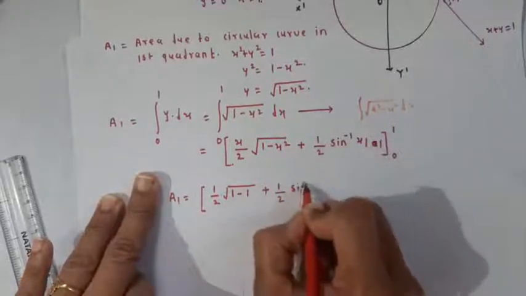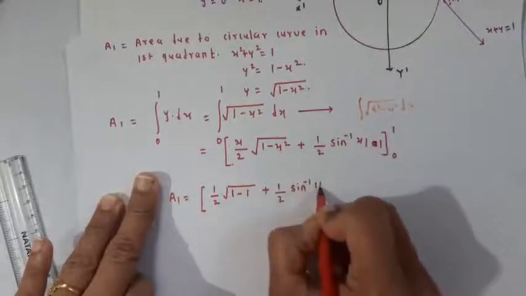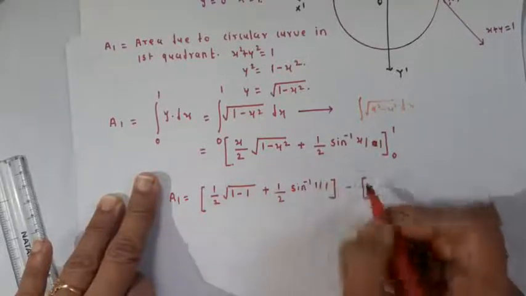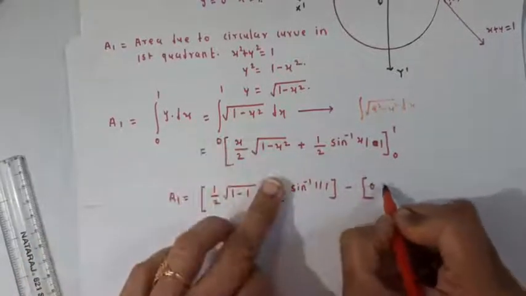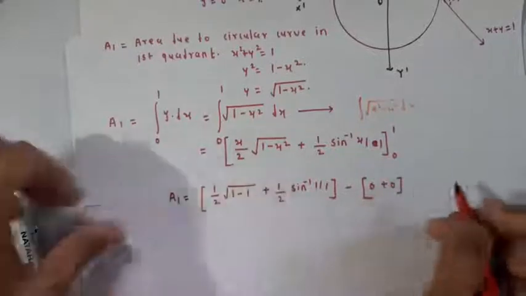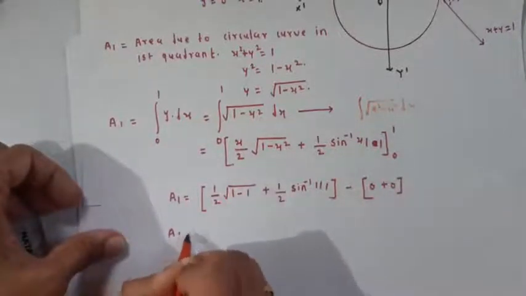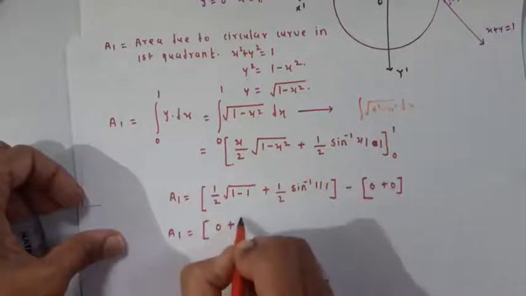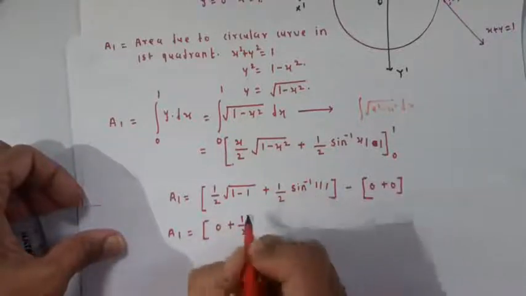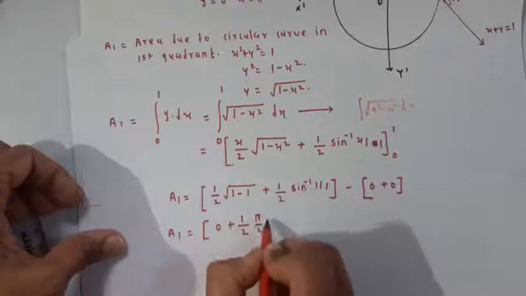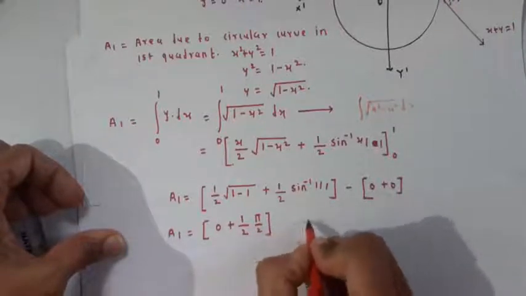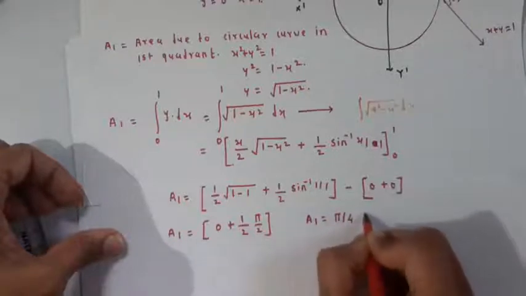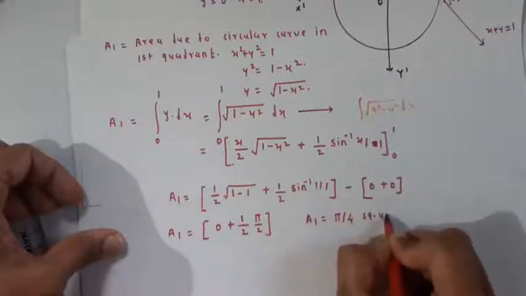So sine inverse of the upper limit is sine inverse of 1. Minus, put the value of x equal to 0. So the first term is 0 and the second term is also 0. So A1 equals 0 plus 1 by 2 sine inverse of 1, which is pi by 2, and hence area A1 equals pi by 4 square units.